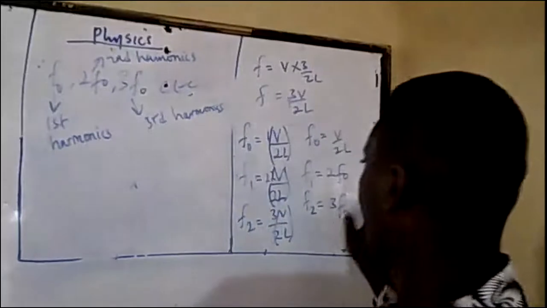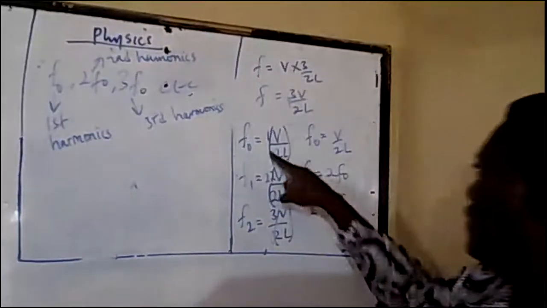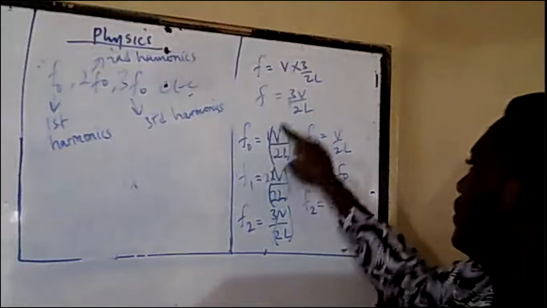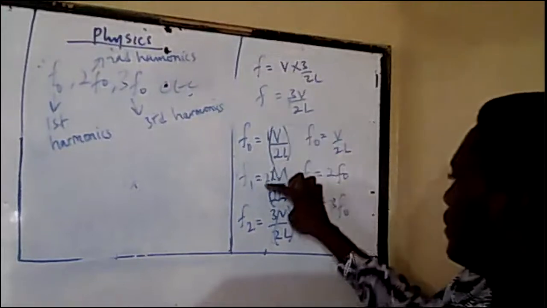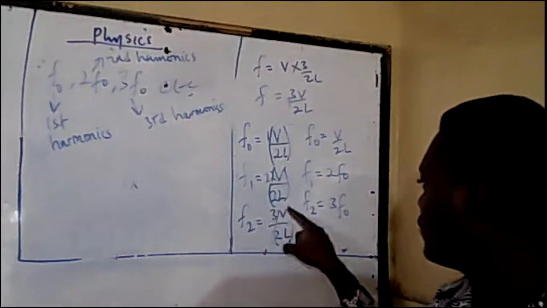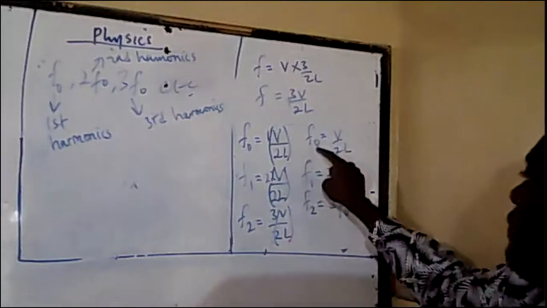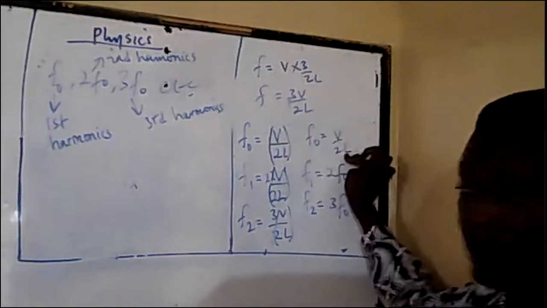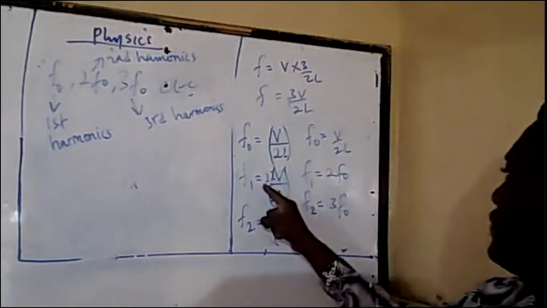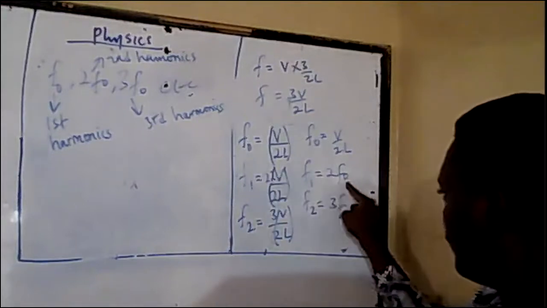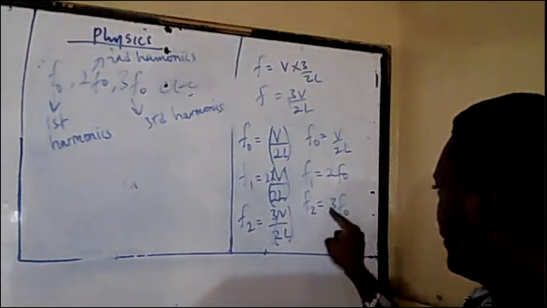So like what I was saying now, F0 is 1 into V over 2L. Look at this one again, 2 into V over 2L. F2 is equal to 3 into V over 2L. So F0 is ordinary V over 2L, right? Now, if 2 came out and you have V over 2L, what is that going to give us? 2F0, and 3 into V over 2L, 3F0.